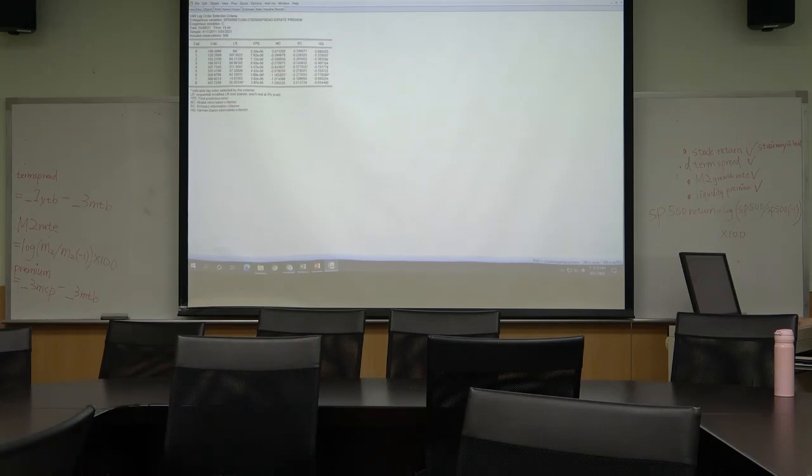There are 5 criteria, and each of the criteria gives us different lag lengths. If I choose the Schwarz information criterion, it tells me I should use 4 lags. If I choose AIC, the one with the asterisk, we need to use 6 lags. If I choose HQ, 6 lags.